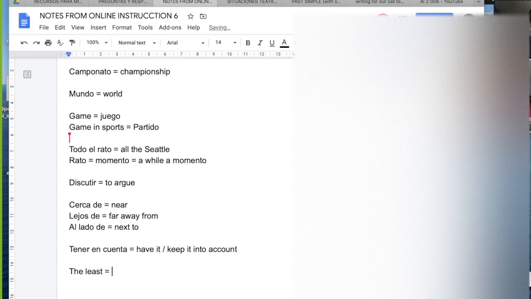The least important thing, for example. The least, vale. El menos. Oh, okay. Ok, atención, the most. ¿Cómo es the most? If the least is el menos, ¿cómo es the most? Más. El más. The most important, el más importante.